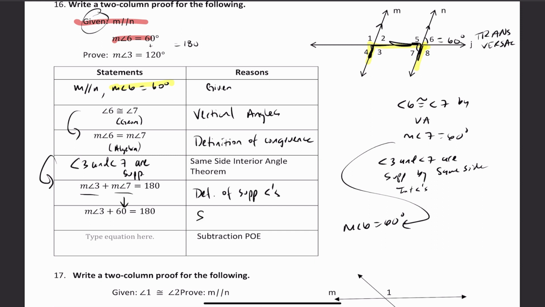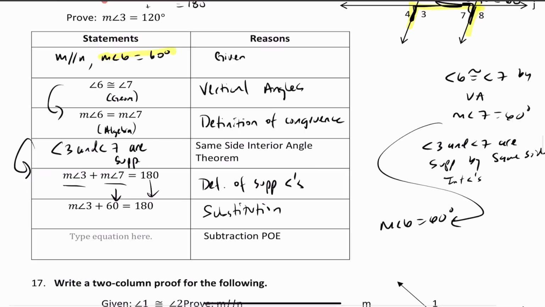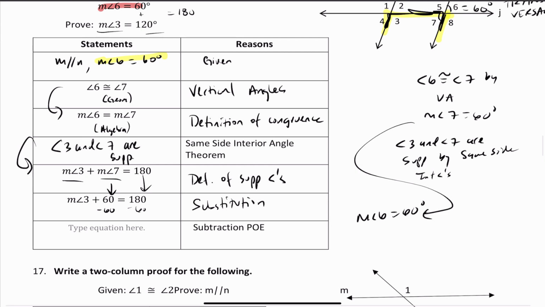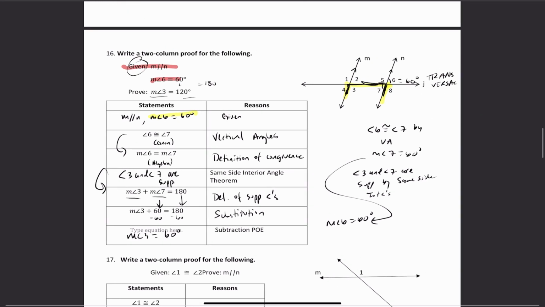That's just me replacing, right? So that's substitution. Then, to solve for the measure of angle 3, 180 minus 60, that's 120 degrees. So that's the subtraction property of equality right there, okay? So that was pretty much my game plan for that.